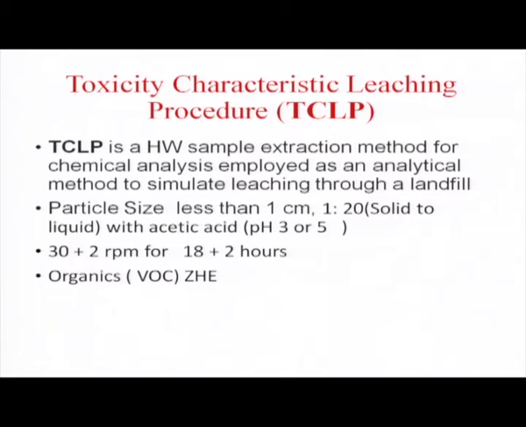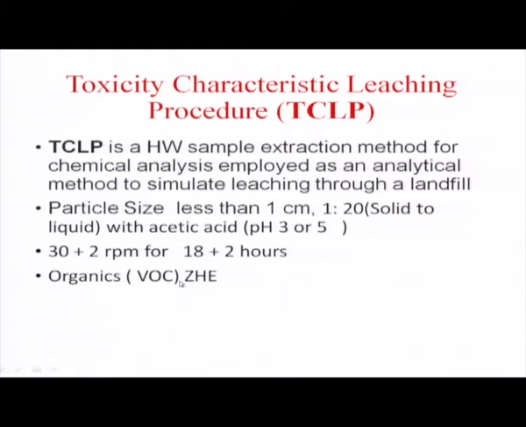There are specialized bottles that should be used for carrying out this, and especially for organic containing volatile organics, the bottle used should have a provision for zero head space extraction.